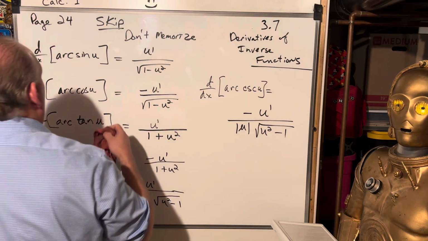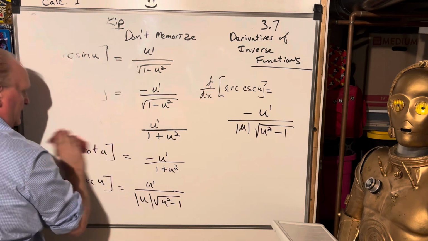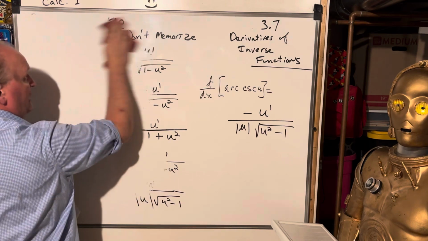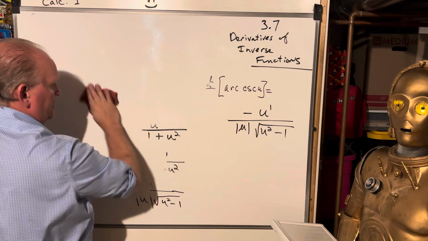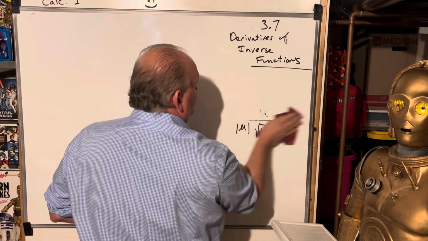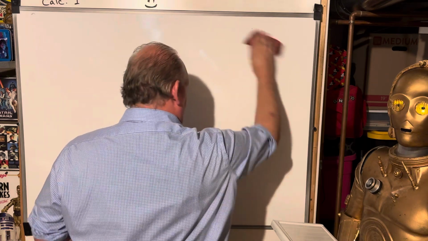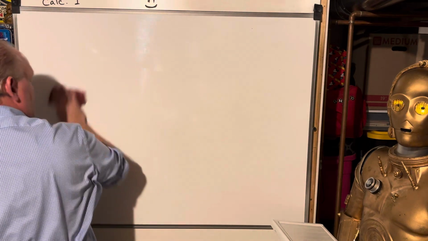We're Calc 1, Chapter 3, Section 7. So we will refer back to these. So you should have written those down on the top of the page. And here goes. Let's take a look.